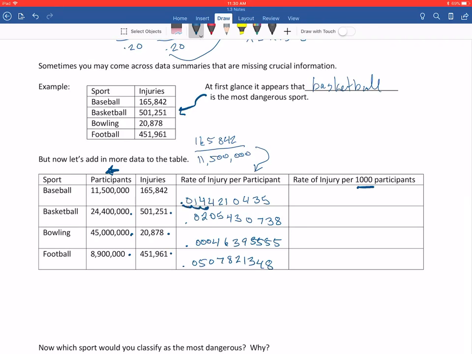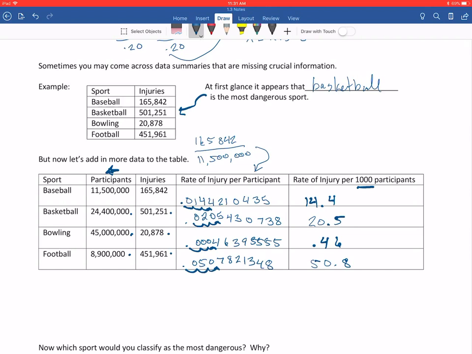So I'm going to move this one, 2, 3 places. That one would be about 14.4. This would be 20.5. This would be about 0.46. And this would be 50.8.